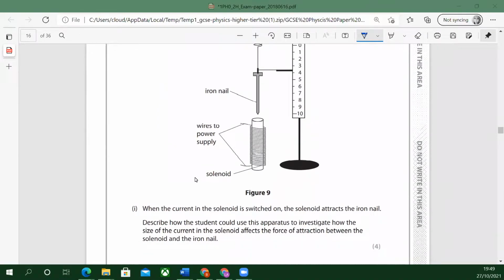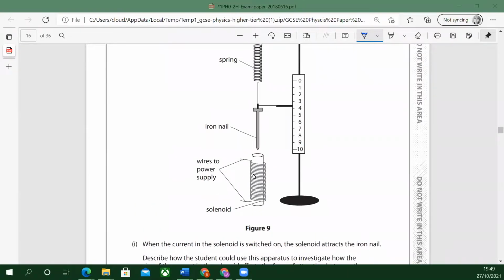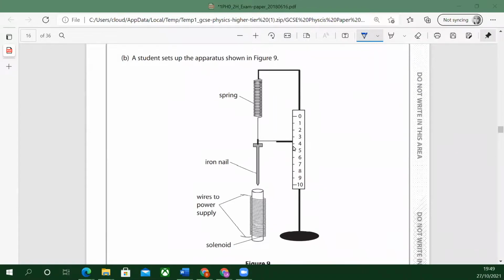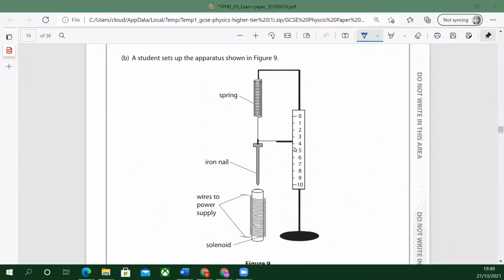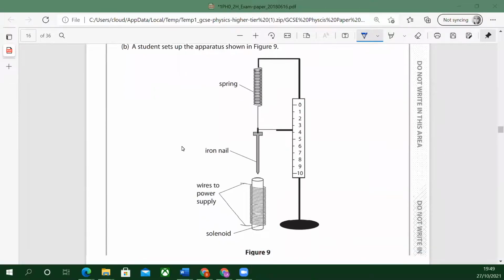Describe how the student could use this apparatus to investigate how the size of the current in the solenoid affects the force of attraction between the solenoid and the iron nail. Obviously it's attracted to this pointer. So what we need to do first of all is note where that pointer is. It's not 0, is it? It's already hanging at a certain point.